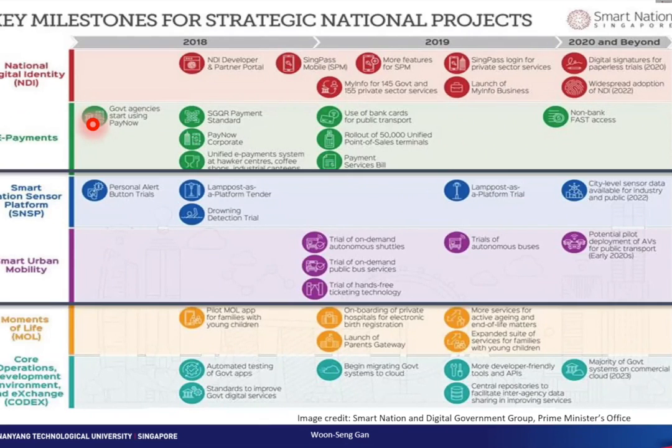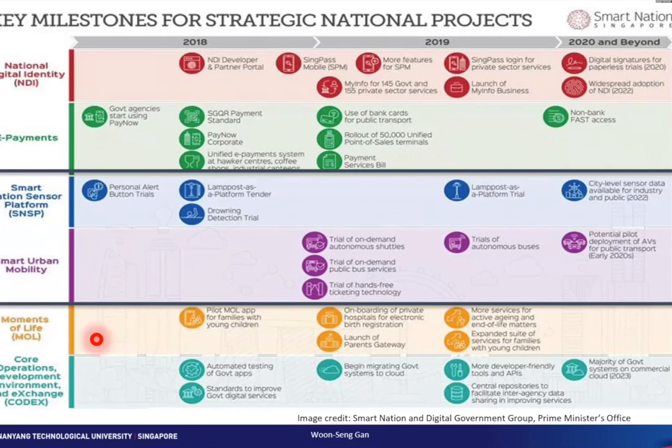The one that we are working on is in the area of smart sensor platforms. Basically, this is the deployment of sensors and IoT devices that will make the city more livable and secure. We also have smart urban mobility, leveraging data and digital technology, including AI and autonomous vehicles, to enhance public transportation.